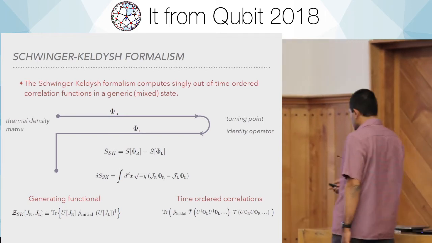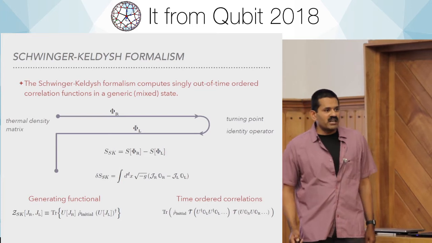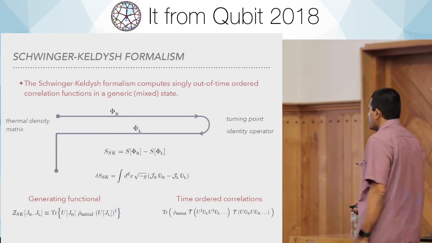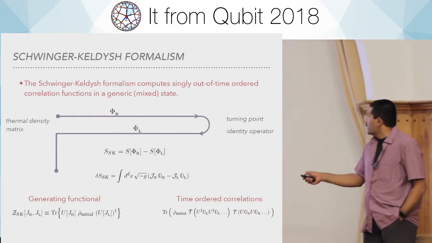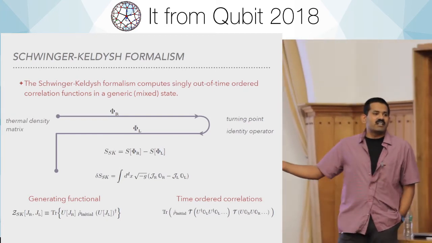And response functions are, in modern language, once out of time ordered correlators. They're not twice out of time ordered, as we've heard in the discussion of chaos, but they're computed by what is more familiarly called the Schwinger-Keldysh formalism, where I've taken Alex's picture and inverted it 90 degrees.